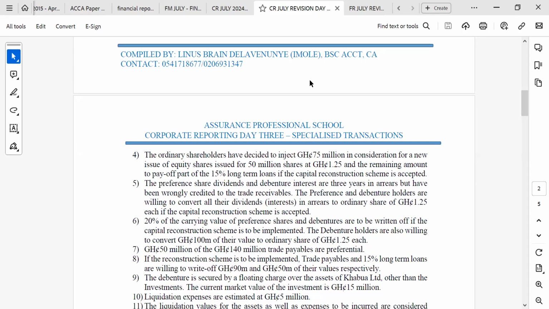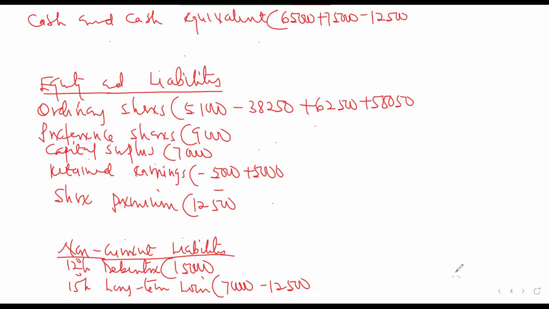What is the value of the preference shares? That is 9 million, isn't it? So if they are writing off 20%, how much will be the amount that they are writing off? Their value is 9,000.